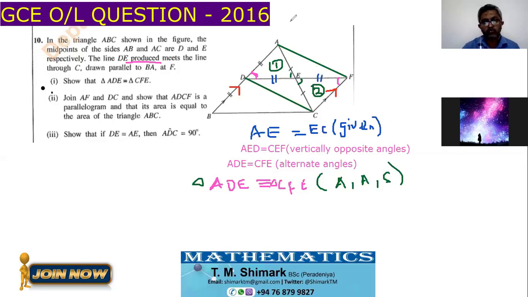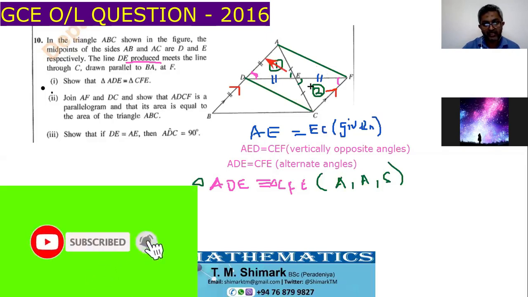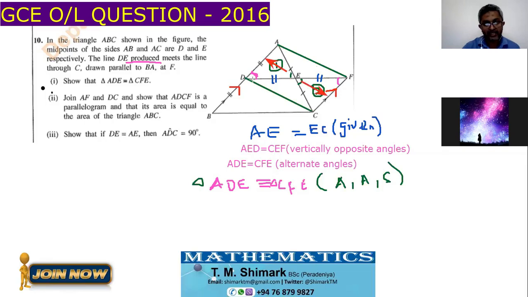Furthermore, these are vertically opposite angles. Here you can see this side and this side, DA and CF. So I will write down DA equals CF, and the reason is congruence.